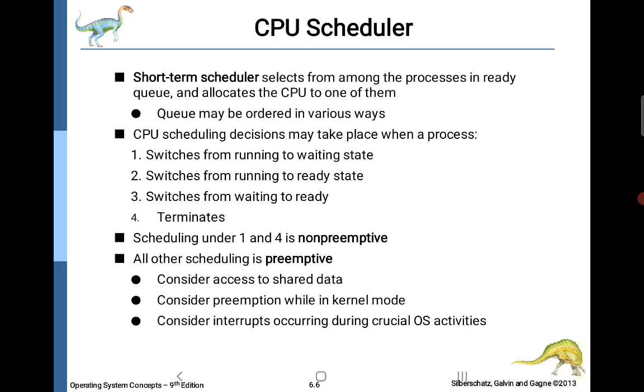As we have said earlier in the last lecture, there are two types of scheduling, that is preemptive and non-preemptive. In non-preemptive, the process will only be taken out of the CPU if it does not need the CPU or it did finish execution.